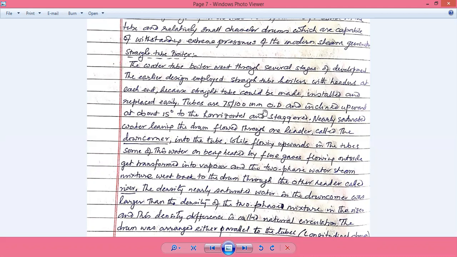It is not parallel, but the tubes are fixed in a staggered mode. Nearly saturated water leaving the drum flows through the header itself.